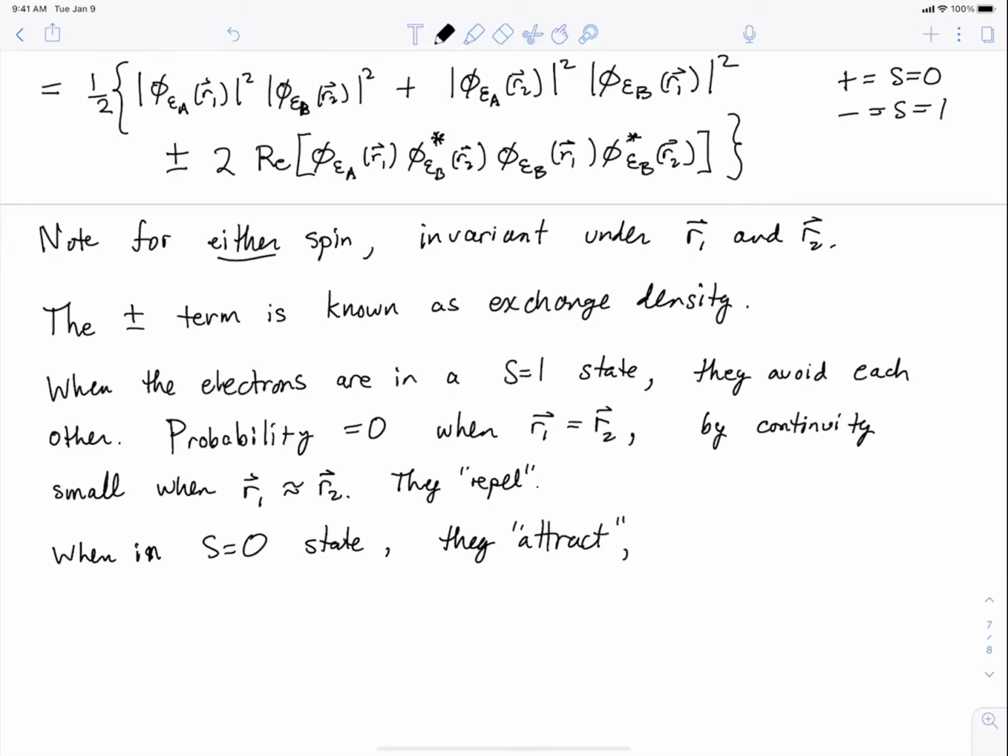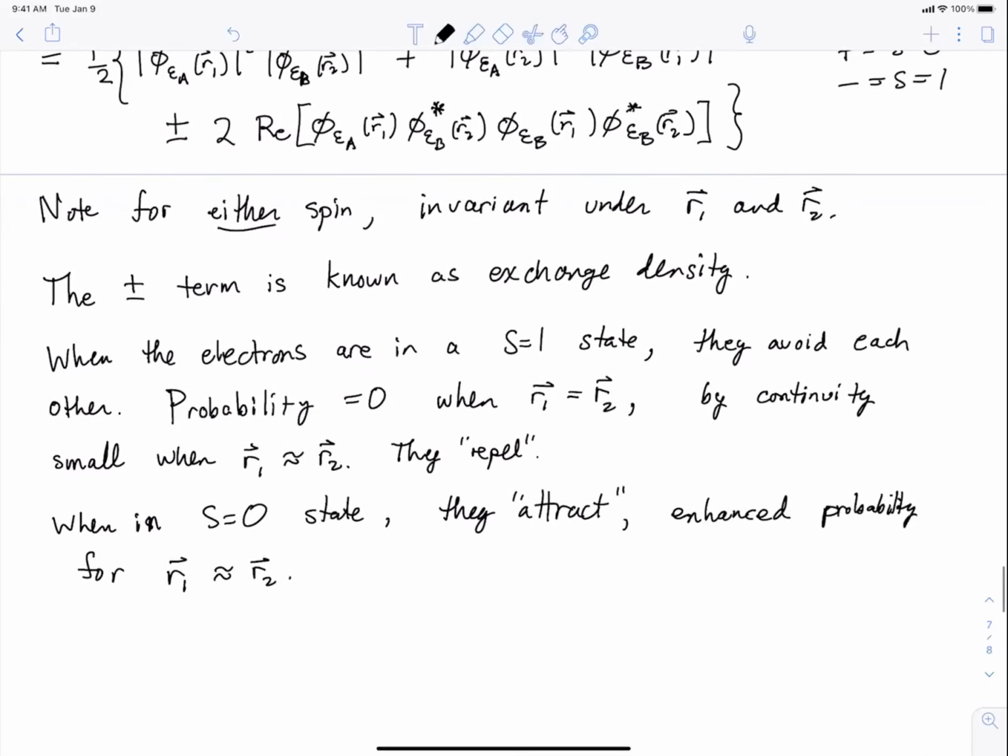They attract in the sense that there's an enhanced probability to find them close together. Probability for R1 approximately equal to R2 when they're in a spin state and the other states are the same.